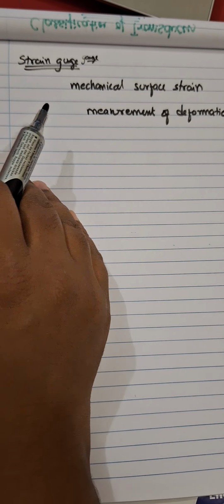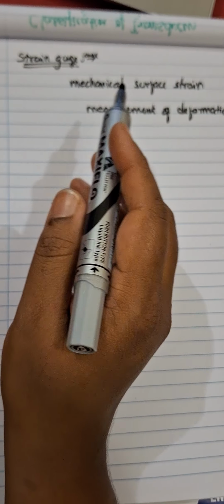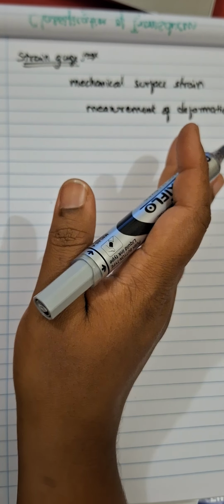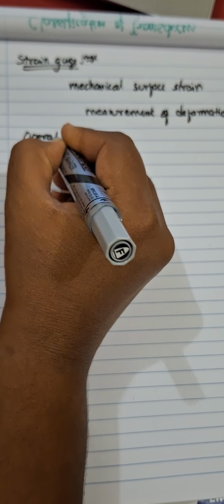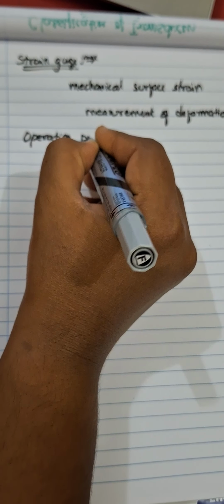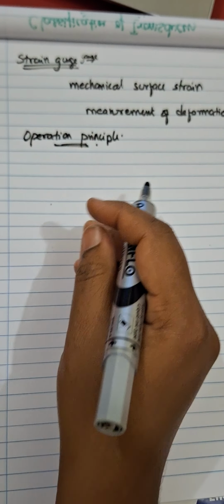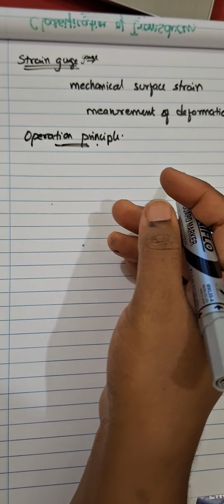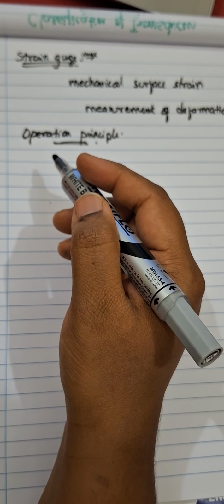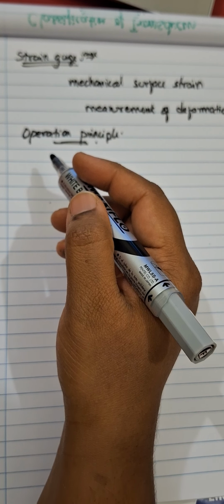The operation principle of this resistance strain gauge is as follows. Usually the basic concept is that the electrical resistance of a copper or iron wire changes when subjected to tension or compression.